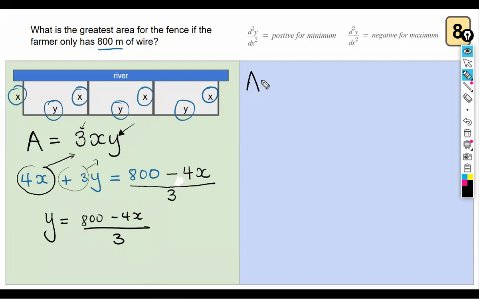You have the area is equal to 3x, and in brackets, I put what? 800 minus 4x divided by 3. But look at this. The 3 and the 3 will cancel out, leaving you with what now?